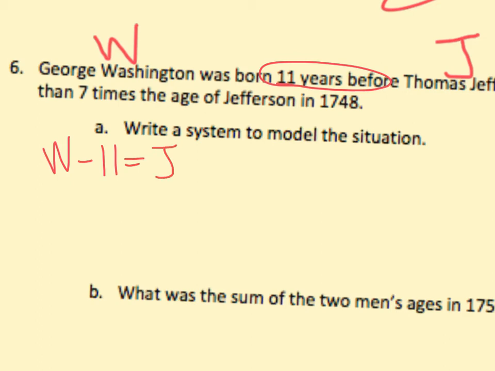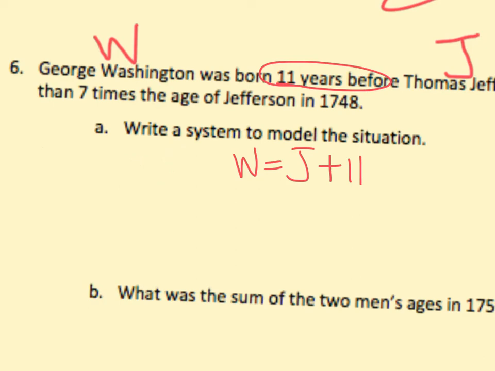Or you could add 11 years to Jefferson and it'll equal when Washington was born. So either way you think about it, if you're going back in time or forward in time to get when the two men were born, it doesn't matter. I'm going to stick with W equals J plus 11, just because I like addition better. But whatever makes sense to you, if you go back in time, you use the subtraction. If you go forward in time, you'll use the addition.